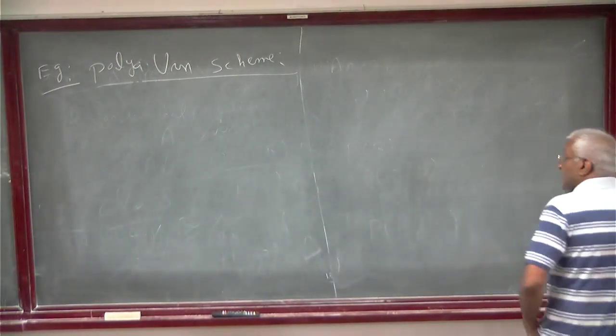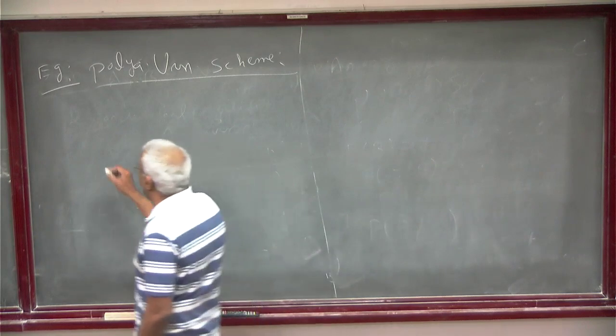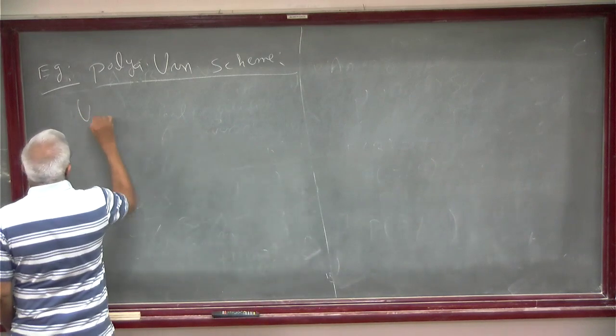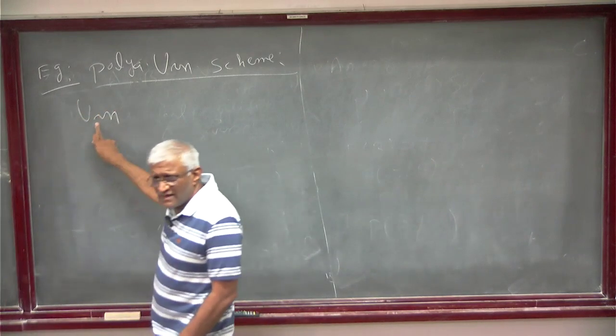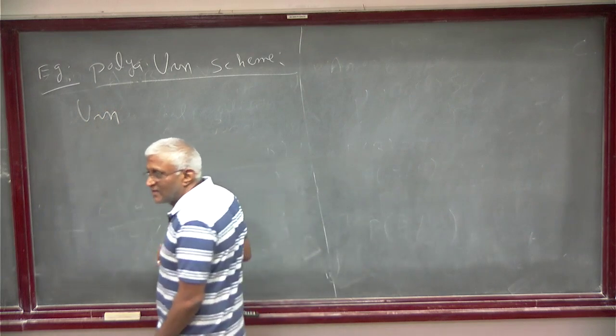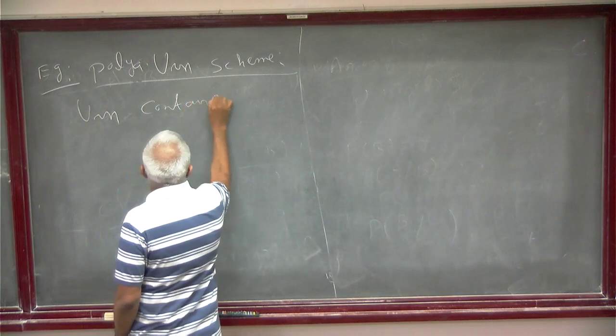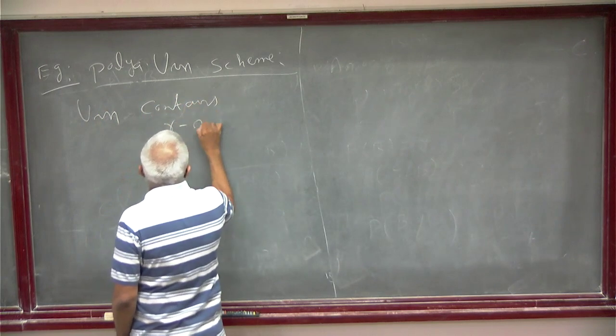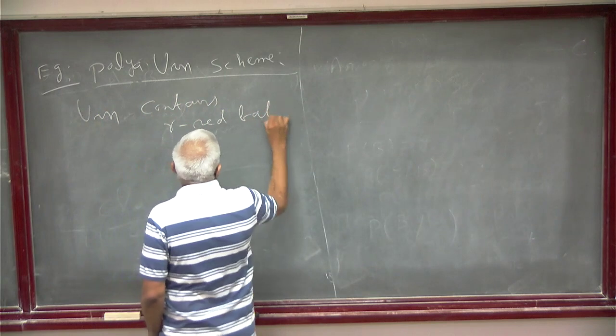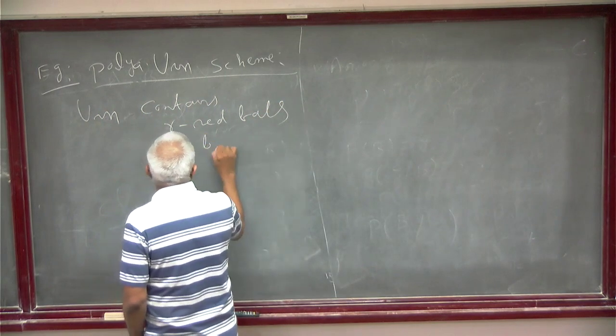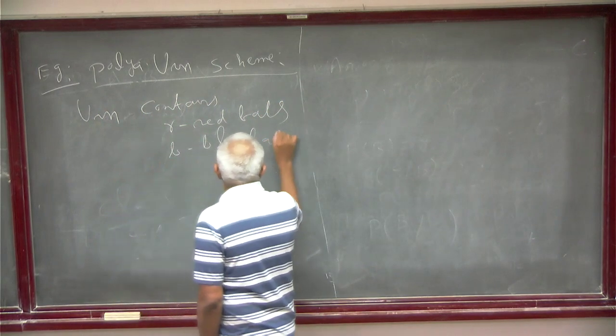This is as follows. You have an urn. Is it too difficult to find it? The urn contains R red balls and B blue balls. You can take different colors if you want.